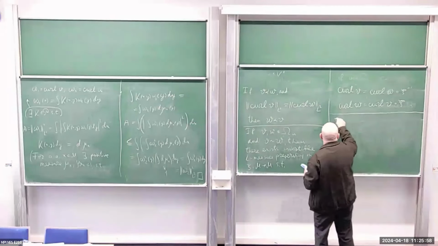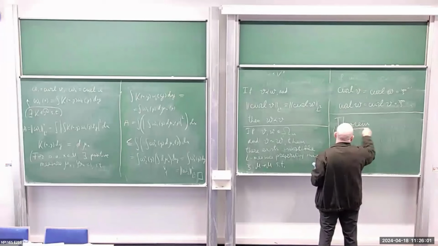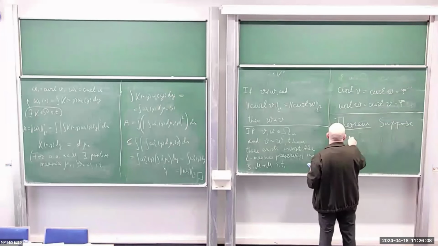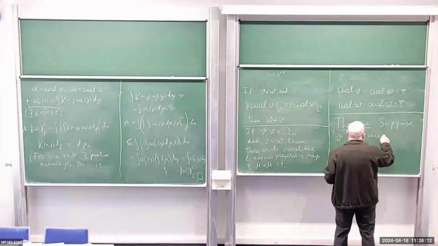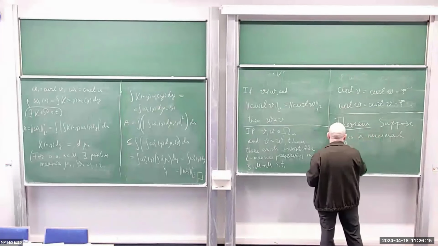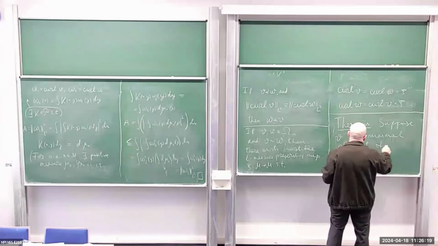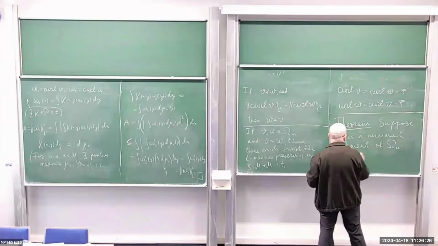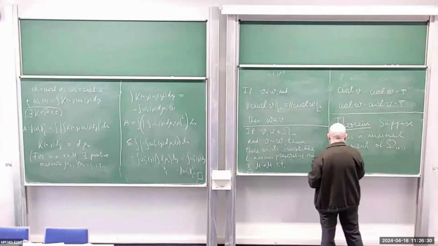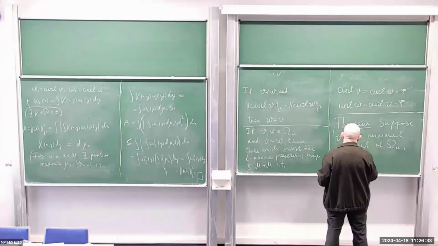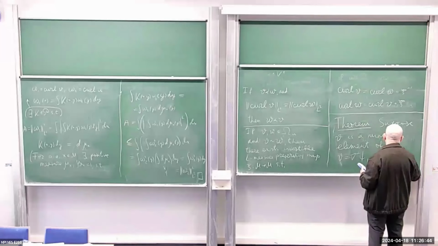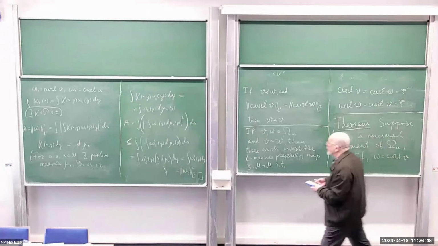So, now the theorem. Suppose V is a minimum amount of only U. V equals psi, omega equals V. Well, just prefix notations.